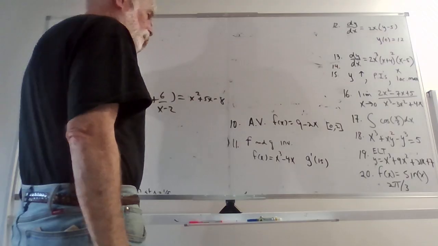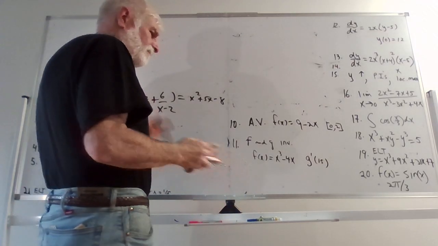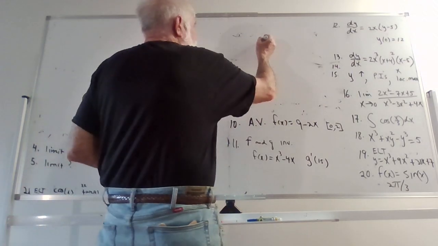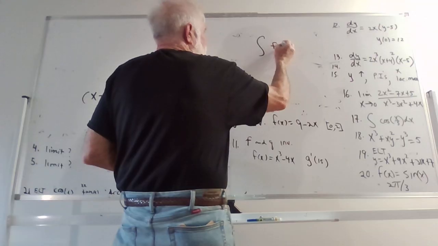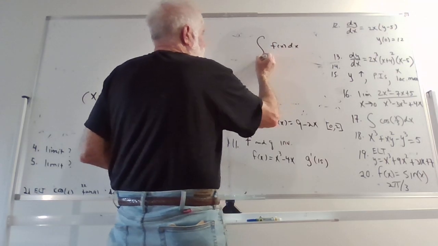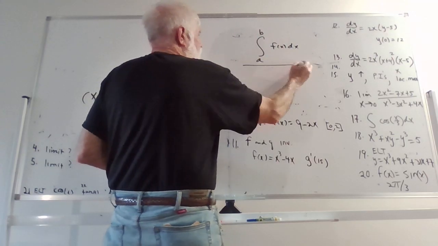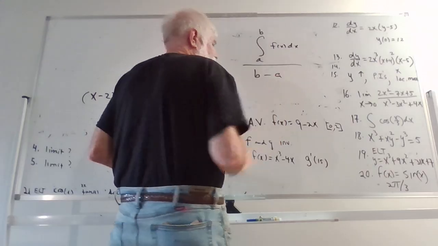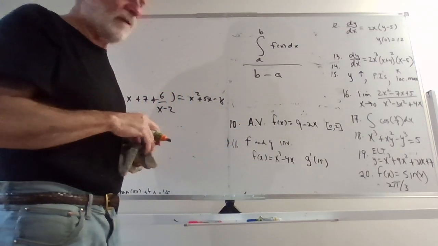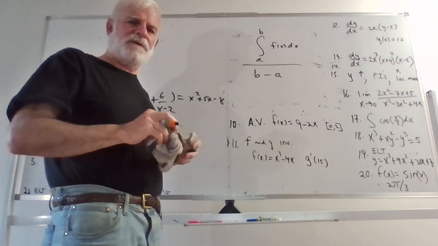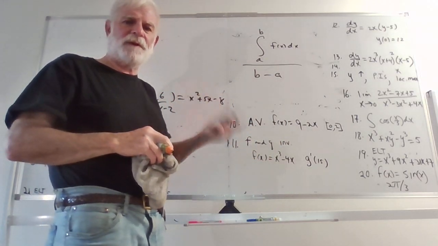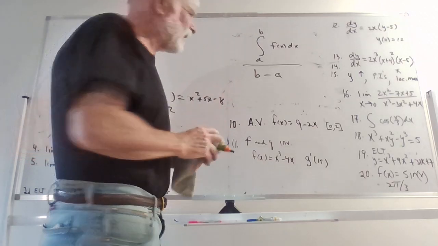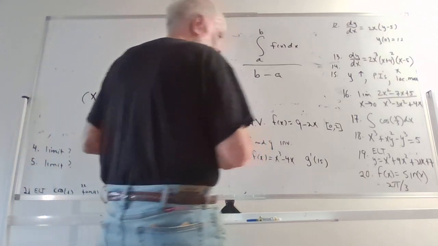Average value for a function. Just seeing if you understand what average value for a function is. You take the function and you integrate from a to b, and you divide by b minus a. And I will do, maybe on the next video or the one after it, the average value of the temperatures in New England from summer to fall. I'll do something like that. I think I may have already, but I don't have a great memory.